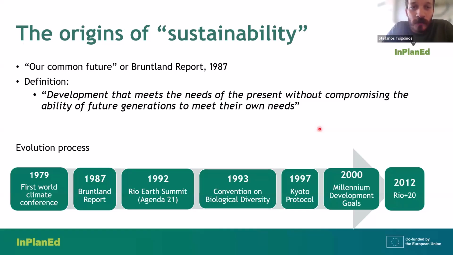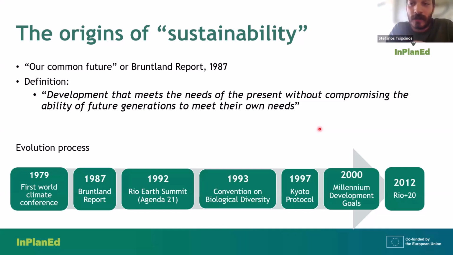So briefly about the origins of sustainability, the major definition says that we have to follow a development process that meets the needs of the present without at the same time compromising the ability of future generations to meet their own needs.